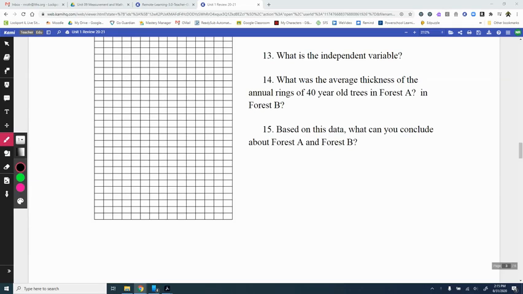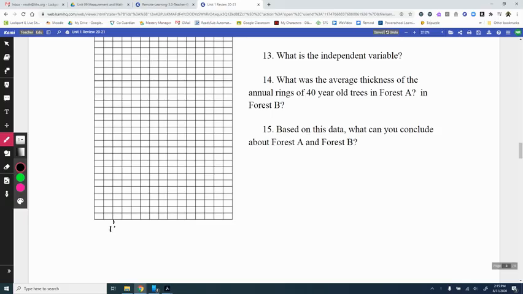So when you are determining how often to mark your axes, you want to make it so that your data is spread out across the whole graph. You don't really want to have very much empty space. You can have a little bit, but the less empty space, the better. So on this bottom part, I am going to put a 10-year mark every 2 spaces.